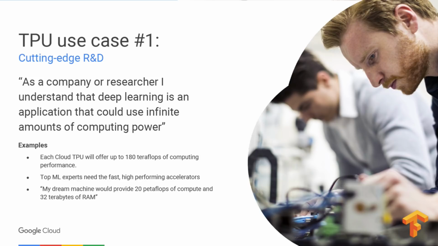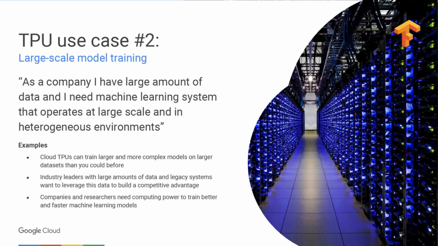So once you go from the R&D stage of trying out some new application and you're ready to scale it out in production, well, TPUs are great for that too. That's how we use them in-house here at Google. If you have petabytes of training data, or you have an application in which data is streaming through all the time and you need to constantly retrain your model to keep your recommendations fresh and up to date, we think TPUs are going to be a fantastic choice for that training and retraining of these large machine learning models.